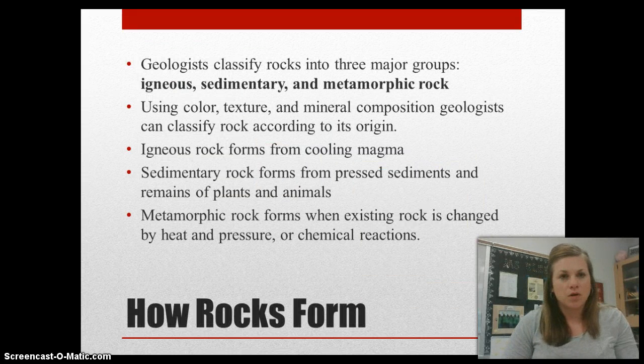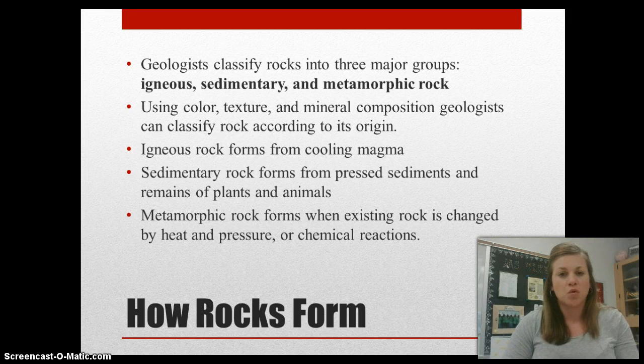Now, how rocks form. Alright, we're going to get into more detail on each one of these. But know that there's three major types of rock: igneous, sedimentary, and metamorphic. We are going to go into details. You have to know how each one of these is made. Using color, texture, and mineral composition, geologists can classify a rock according to its origin.